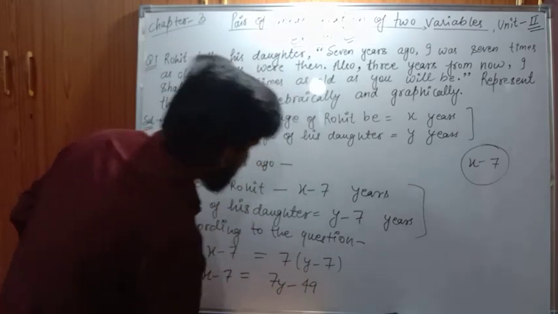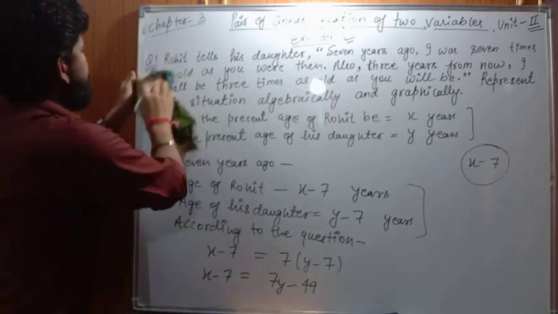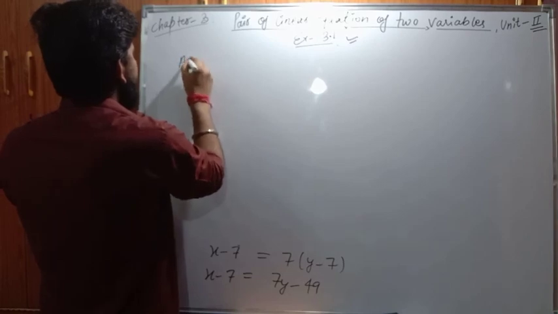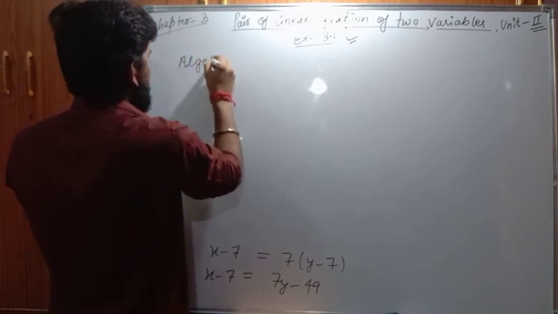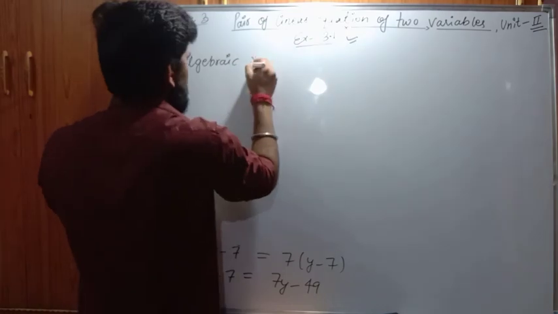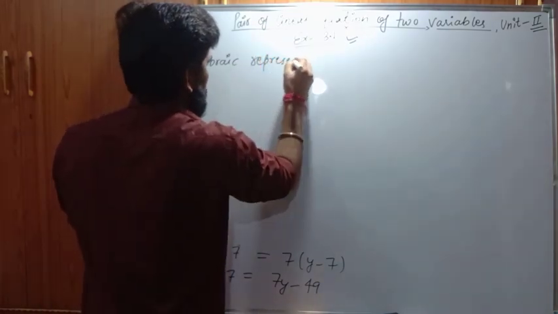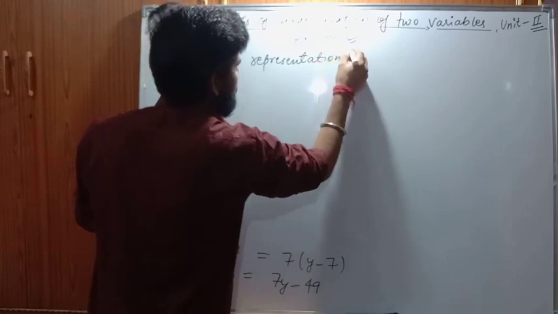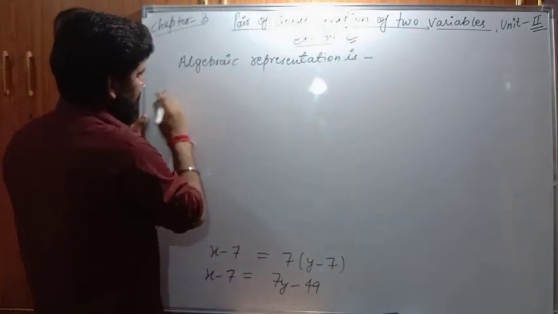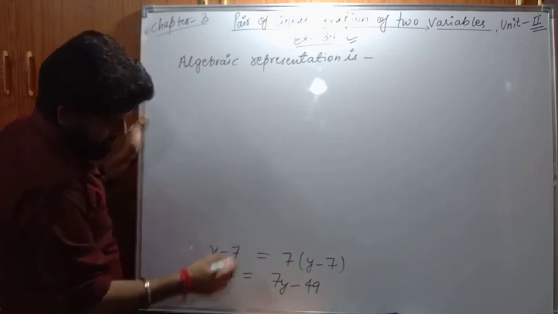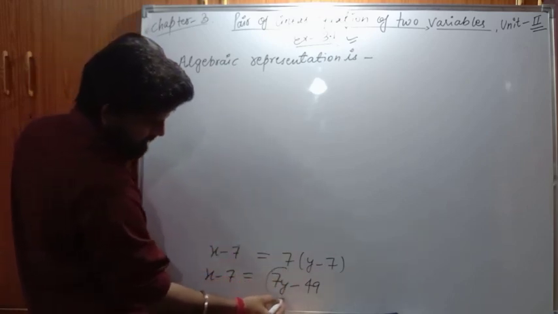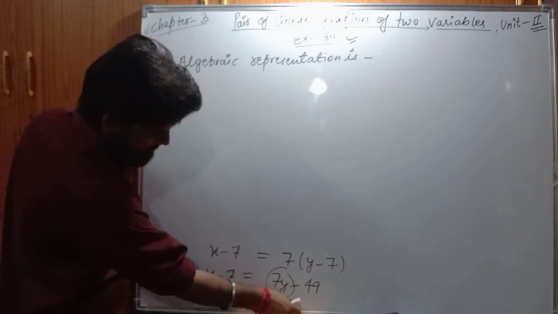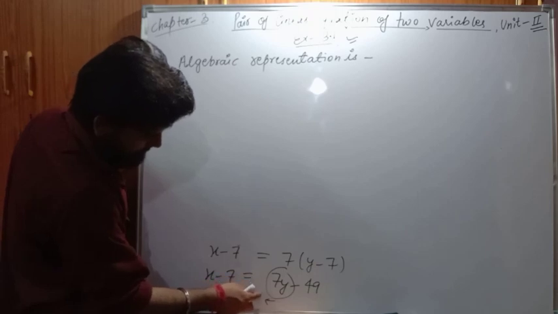Now the algebraic representation. So x minus 7 equals 7y minus 49. Here 7y has a plus sign on the RHS, so if we transfer 7y from RHS to LHS, it will go with a negative sign.